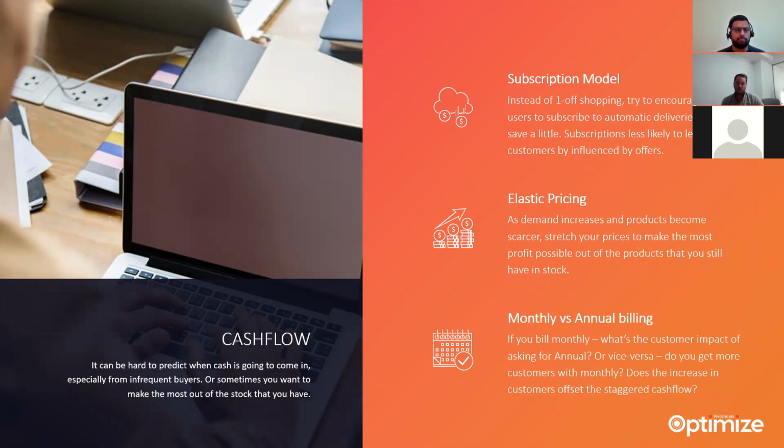If it went up and the demand was still there, at least you're able to make more money from what products you do have. And then we have this idea of monthly billing versus annual as well. Do we understand the impact of one over the other? If you do one, can the other serve you well?